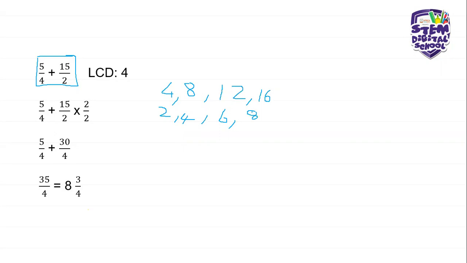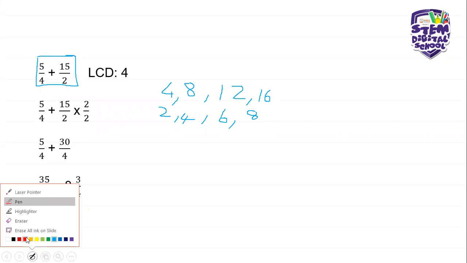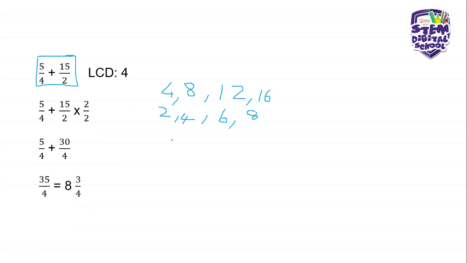Then the biggest question out of all is, which number is the lowest and common? I can see that it's 4.